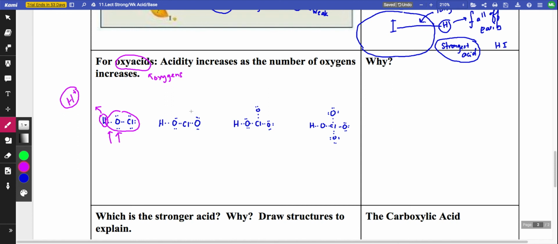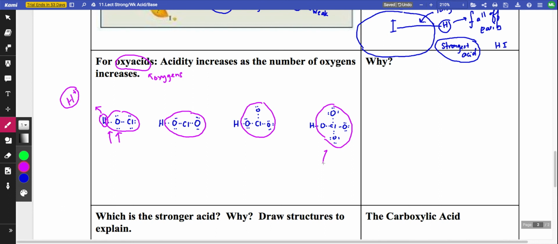Looking at this, one has 2 oxygens to pull electrons away from the H. This one has 3 oxygens, and this one has 4 oxygens. Which of these do you think will pull the electrons more? Pause your video. Yes, of course.